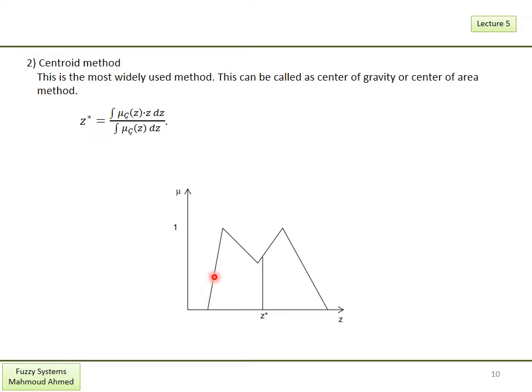If this membership function is not described with a straight line, we also have to get the equation describing this function. So again, for the centroid method, we calculate the defuzzified value z star by calculating the integration of the membership function multiplied by z, and divide it by the integration of the membership function.